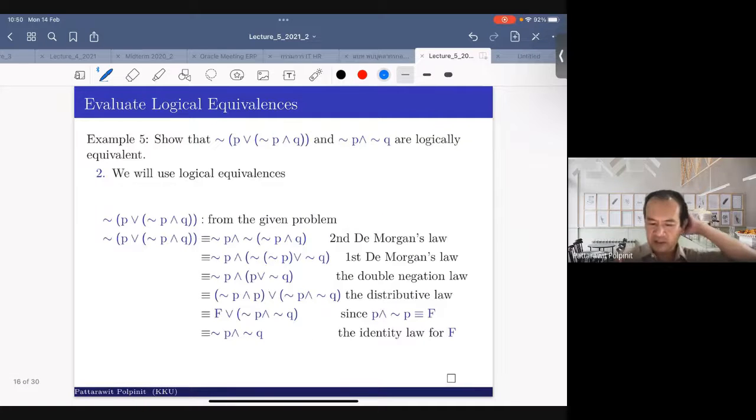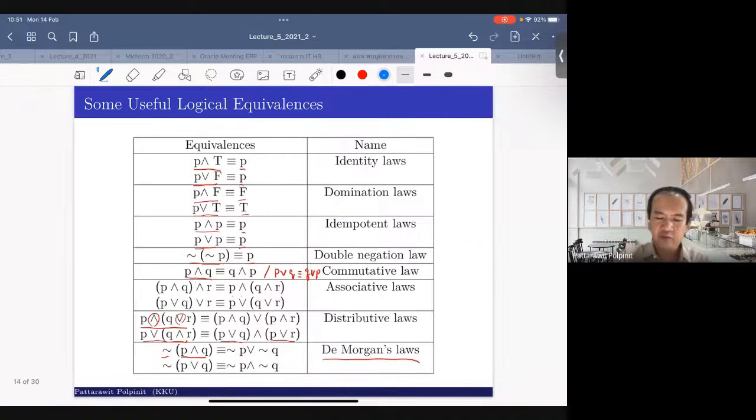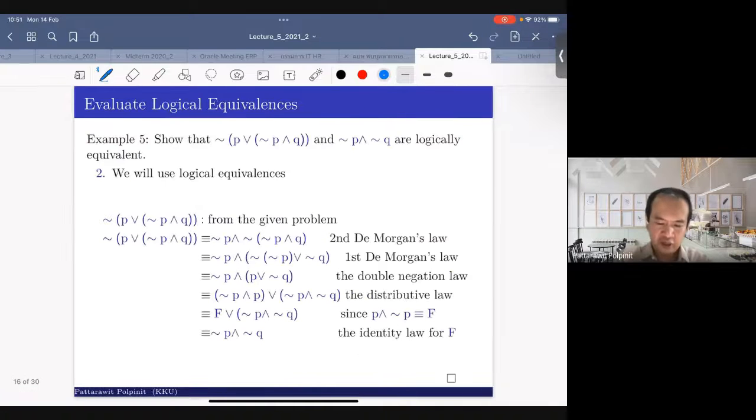So as I said earlier, we have this table. We can use this logical equivalence table to check whether or not two propositions are logically equivalent. Suppose the question is to check if (negation of P or negation of Q) and (P and Q) is logically equivalent to negation of P and negation of Q. The first thing you can do, as an alternative, is use a truth table.